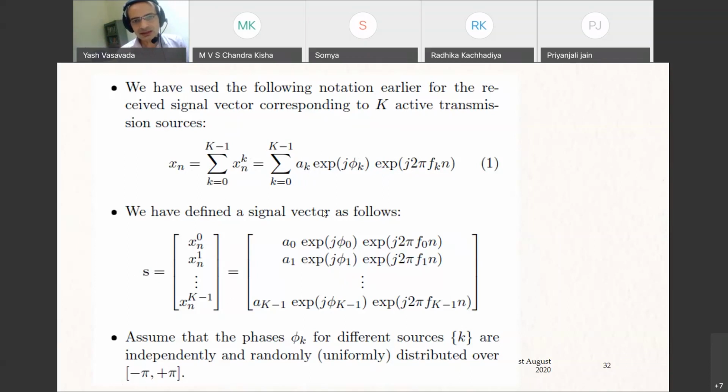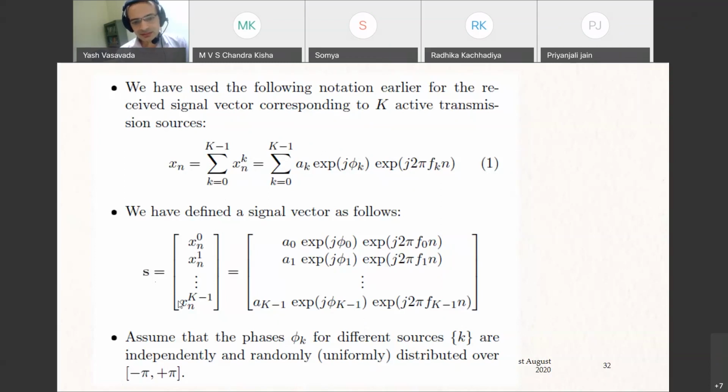It is nothing but all of these expressions lumped up together as a vector. Right? So it's just the received sample from different transmitters at the nth time index. That is the definition of our vector S.